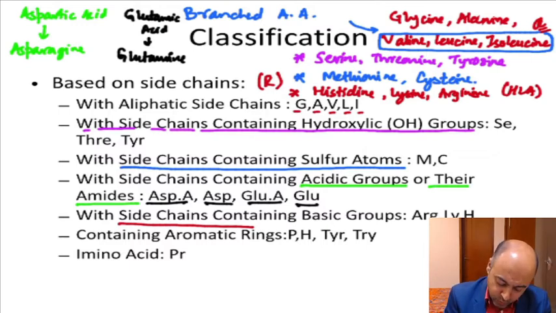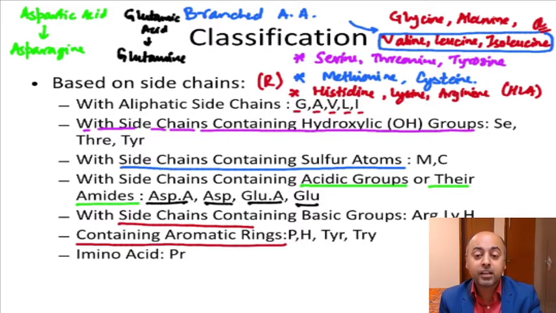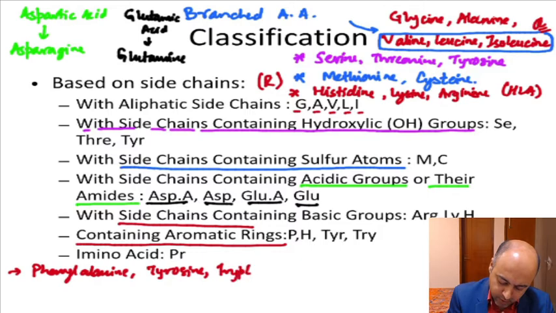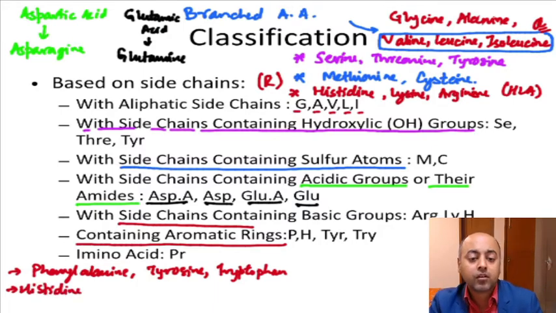And then the last important one containing aromatic rings. Here you have to remember the names: phenylalanine, tyrosine, tryptophan, and H is for histidine.